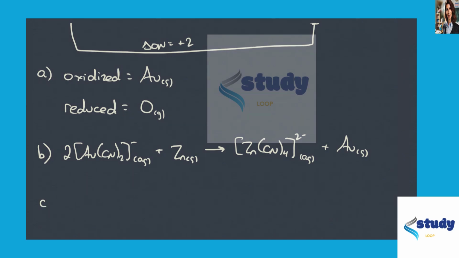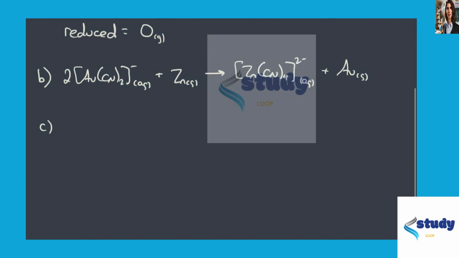And for C, we're asked to calculate how many liters of 0.2 molar sodium cyanide would be needed to react with 40 kilograms of rocks that contain 2% by mass of gold. Well, let's start with the 2% mass.